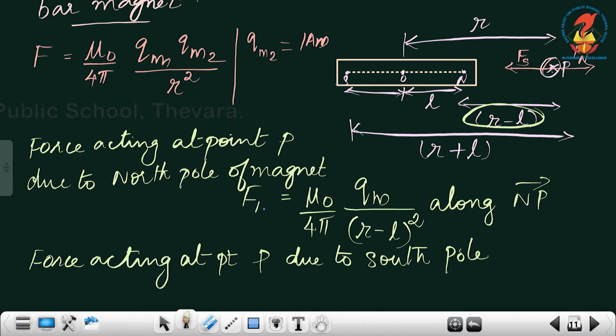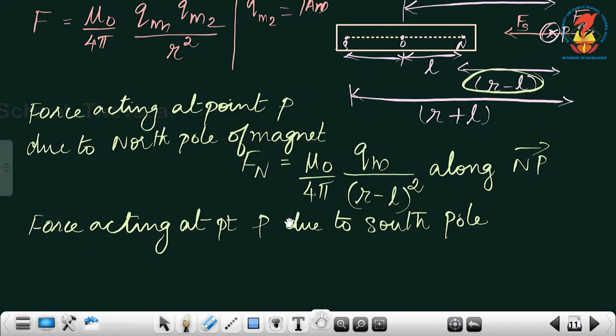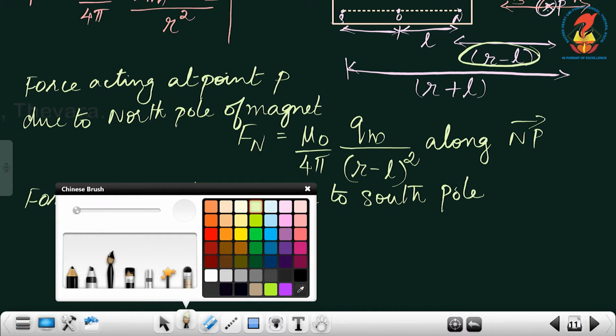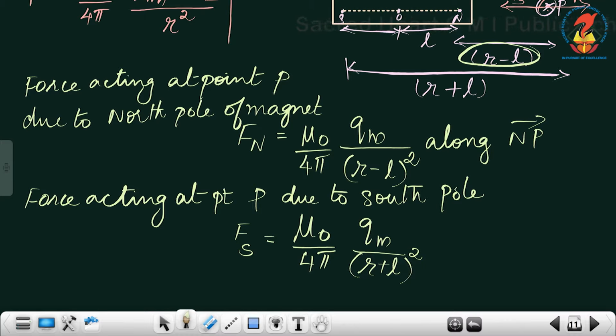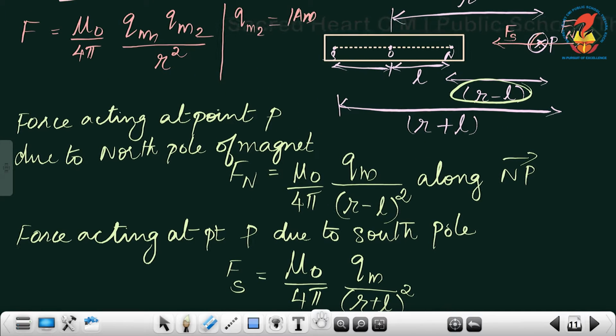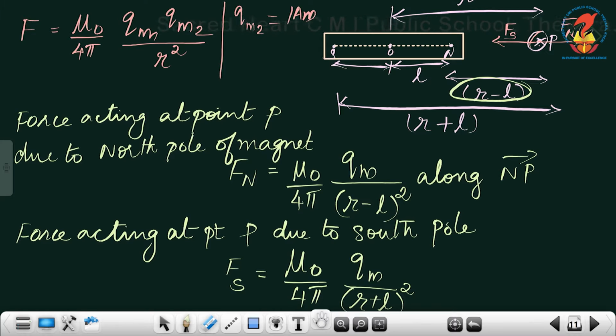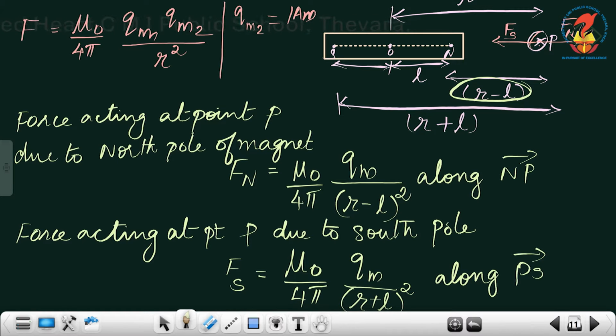We'll name this as Fn and this as Fs, which is equal to mu 0 by 4 pi qm divided by, what is the distance? R plus L. So r plus L the whole square. Now what is the direction? The direction is from P to S, so we can write along PS.